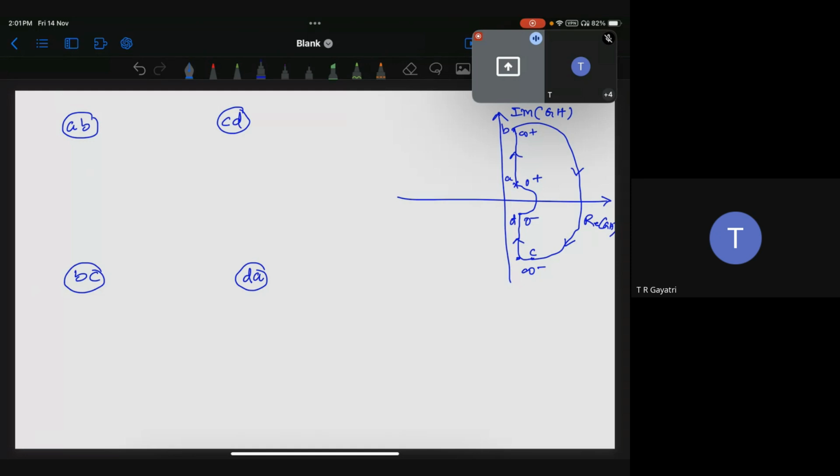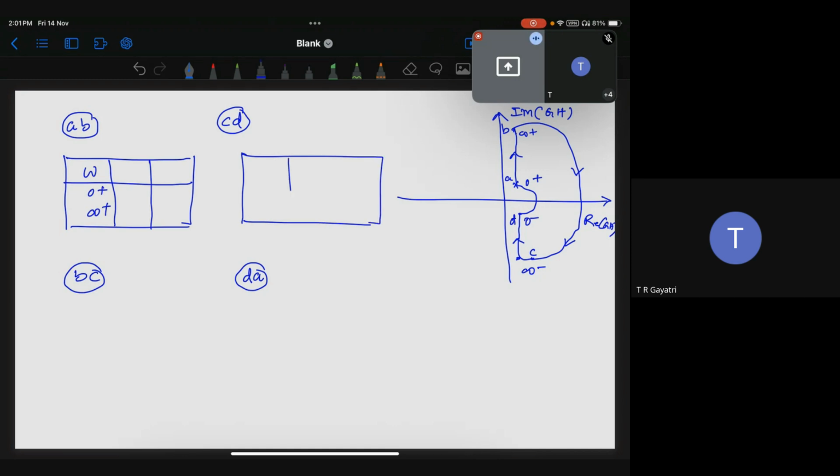Any doubt here? So we have four parts, and in each part we will calculate both. In the first part, omega is 0 plus to infinity plus. In the second part, omega is infinity plus to infinity minus.